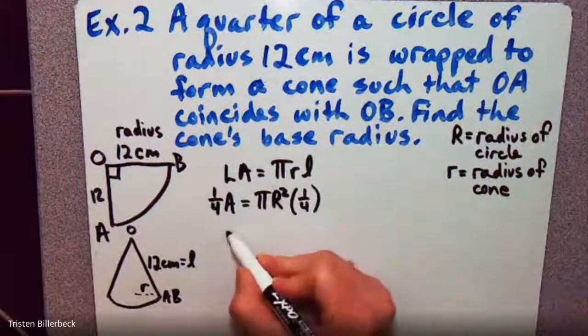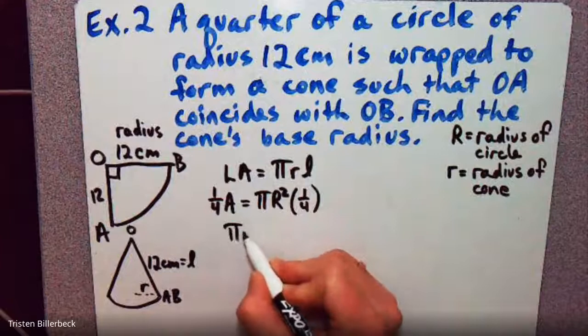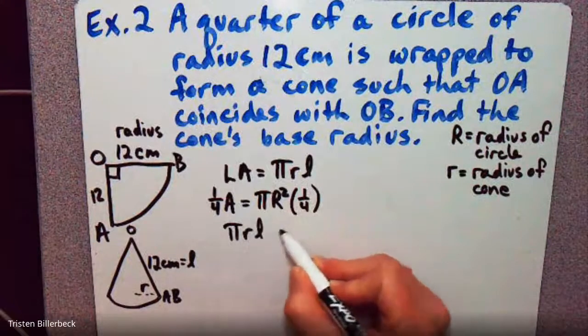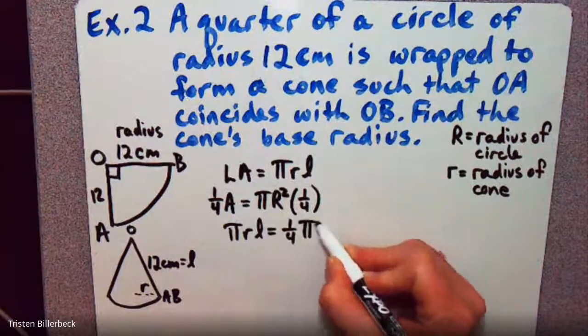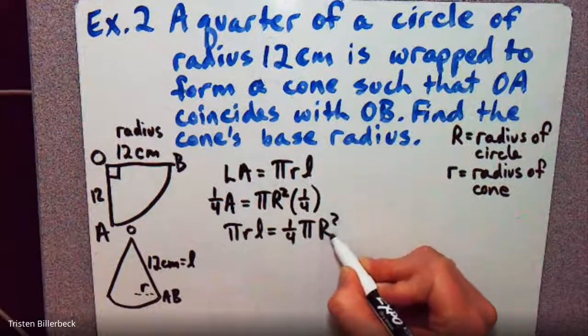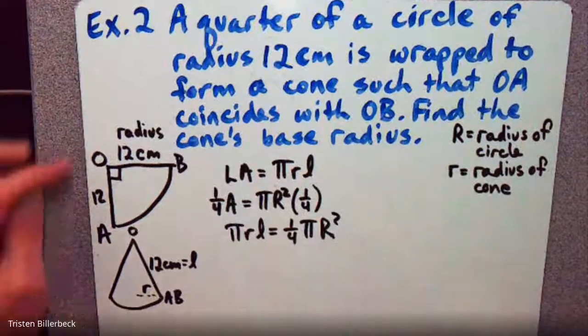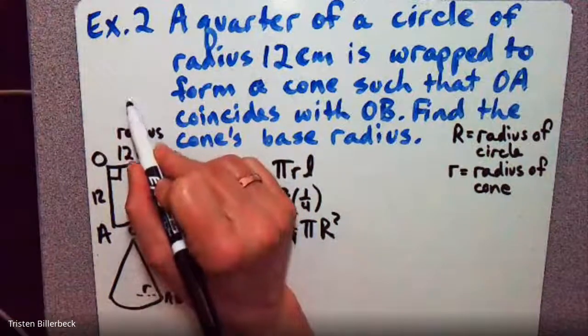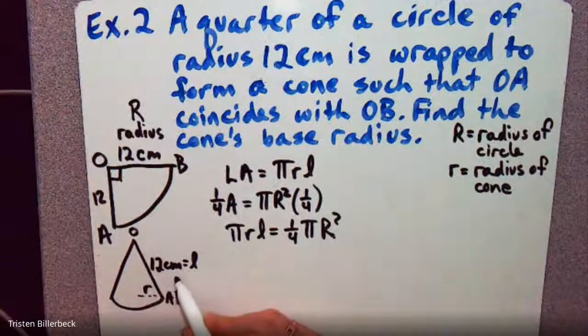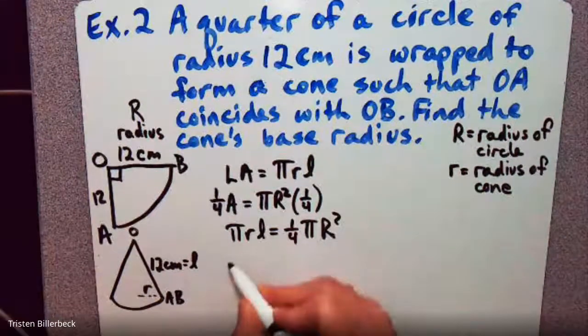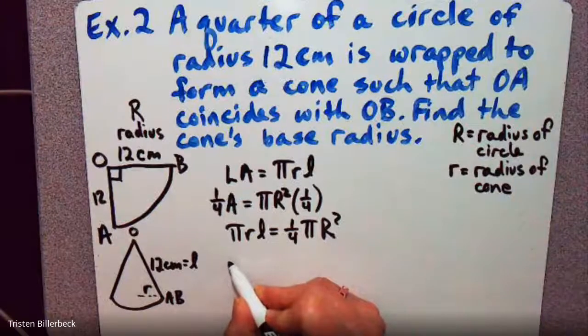So what we have is pi r L should equal 1/4 pi big R squared. Okay, well this is big R right here, and there's my little r that I don't know, but I do know what L is, so L is 12. So now I start substituting.